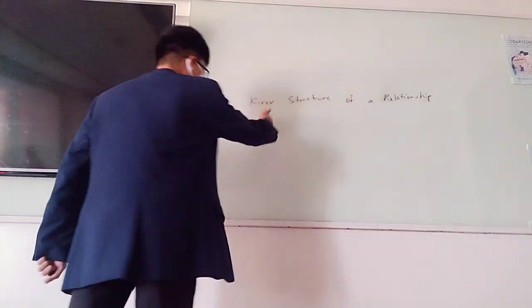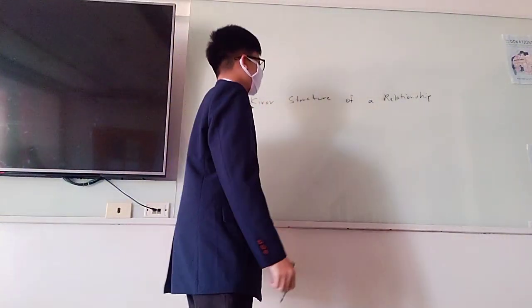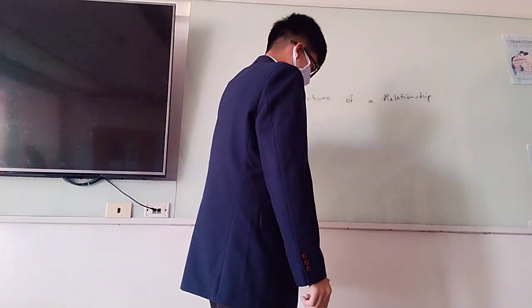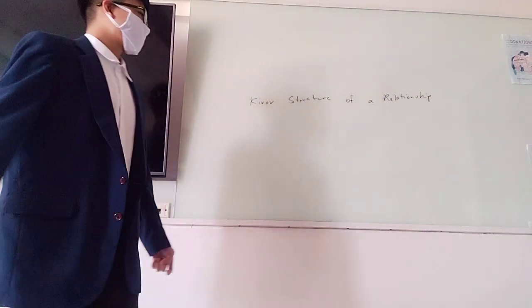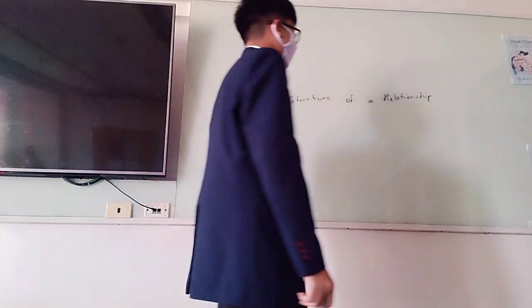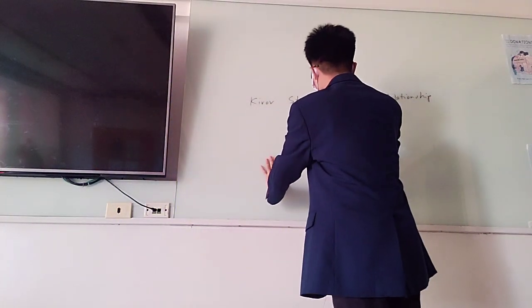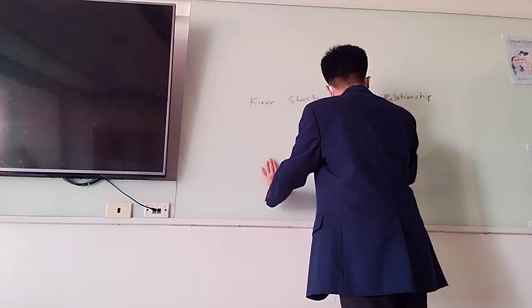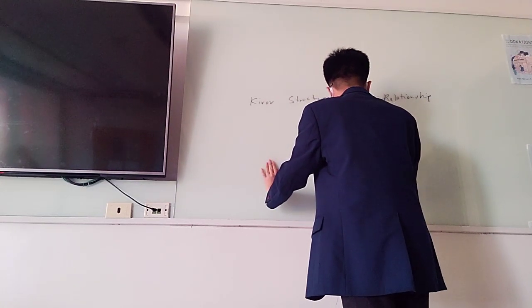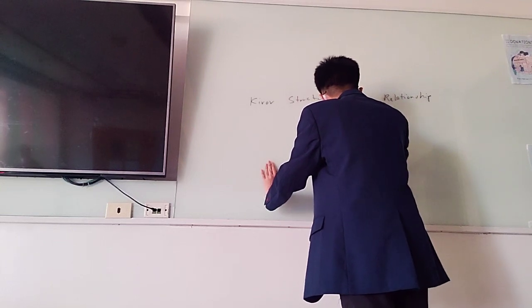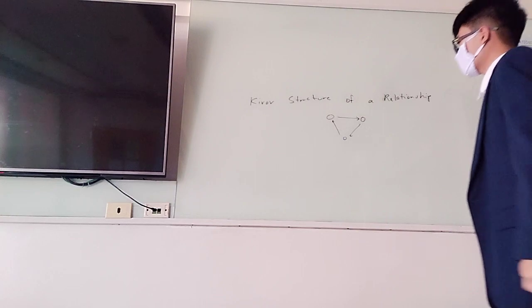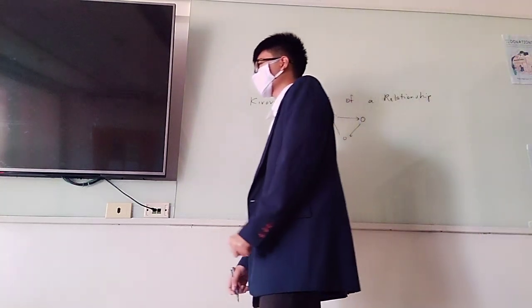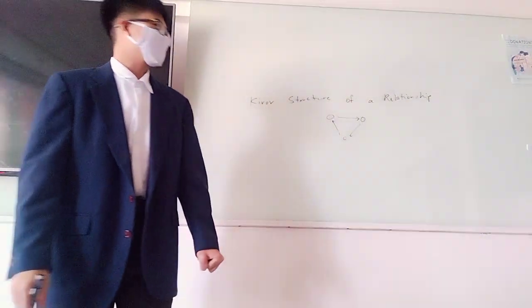Named after Kirov, who proposed the structure, how to represent relationships. So, in relationship theory, we represented it via graphs, either directed or undirected. And then, for the Kirov structure, we will be representing them in terms of the Lewis structure of a chemical compound.